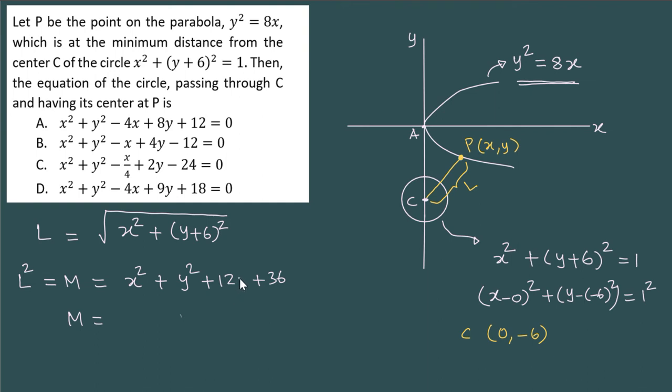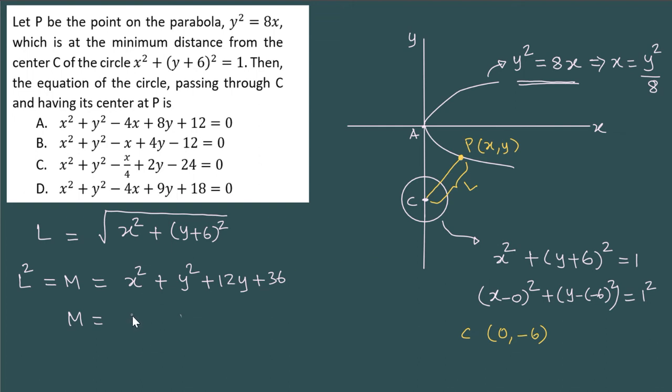After making that correction back to y, we realize that substituting y square is not a good idea. A good idea is, from here we can get x as y square by 8, and this is what we are supposed to substitute. I know this becomes slightly complicated, but that's safe here.